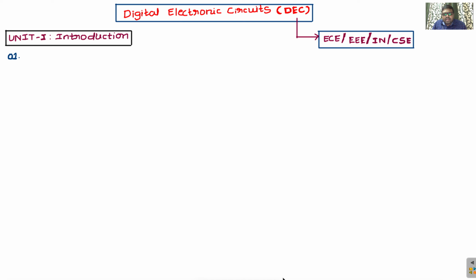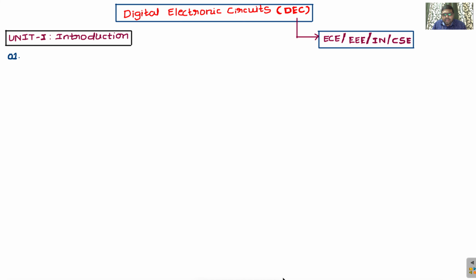Some of the core companies test student abilities in circuit designing skills and coding skills. So for all these things, you have to learn this digital electronics subject.